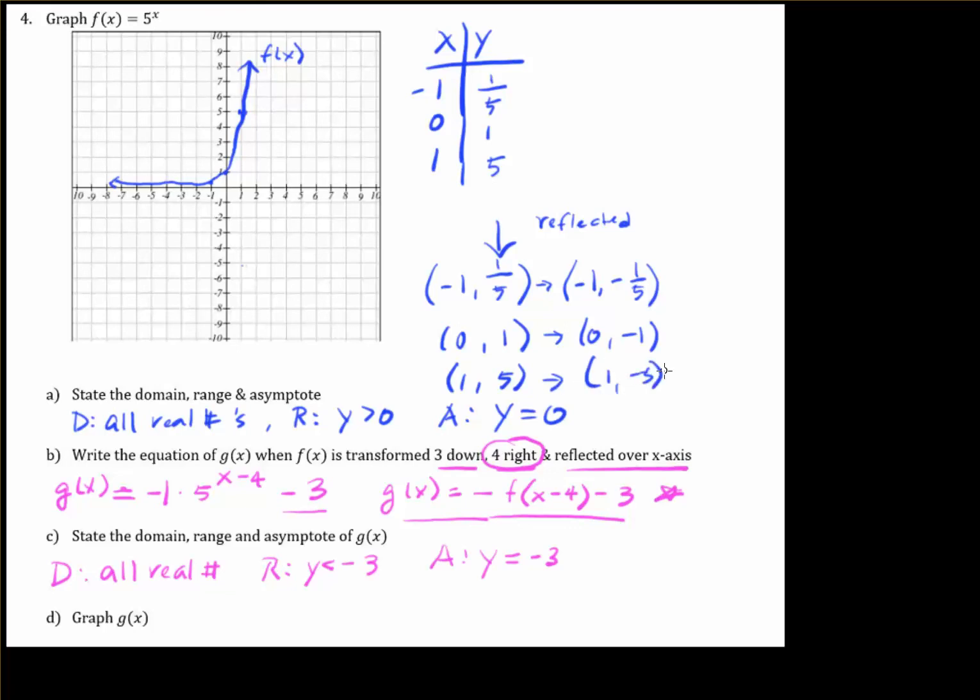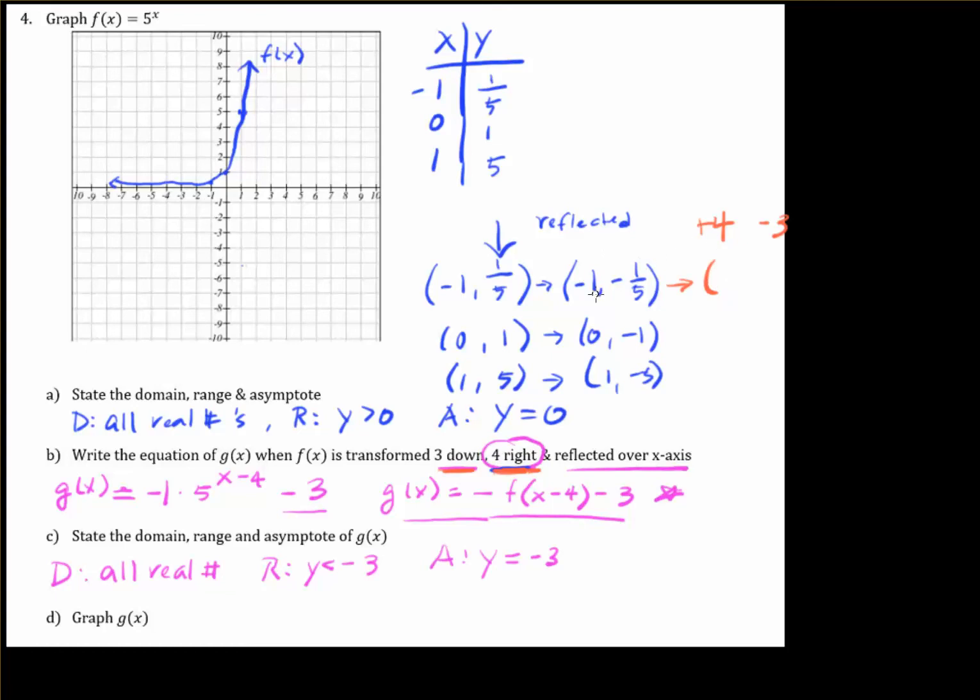Now, after we've done that, we can do 4 right, let's use a different color, 4 right and 3 down. So +4 and -3 for all these points.